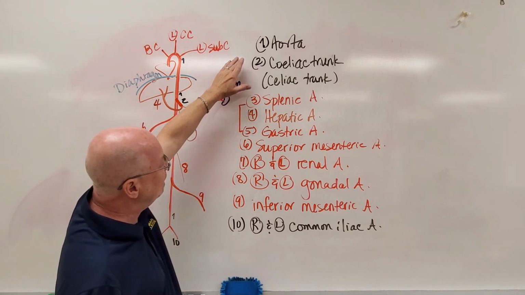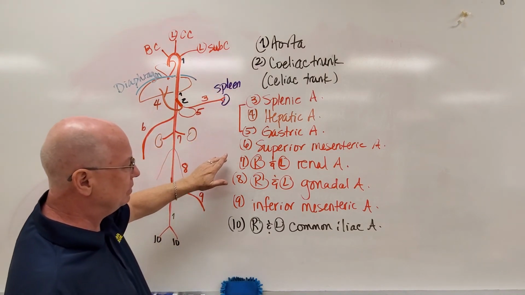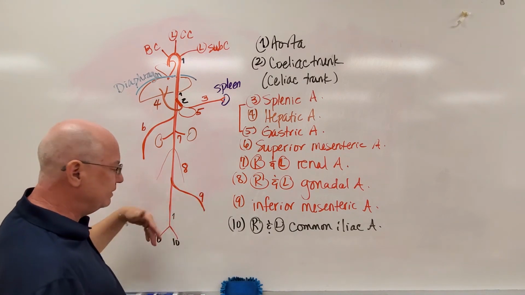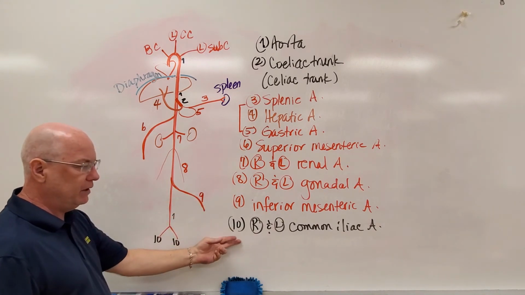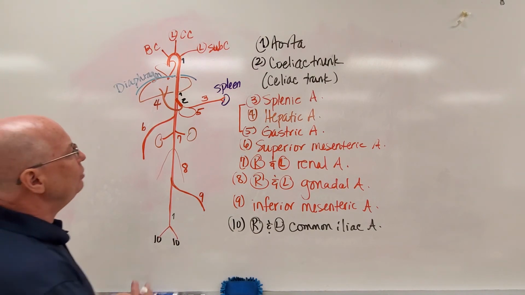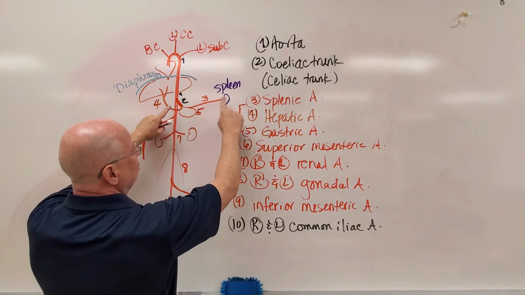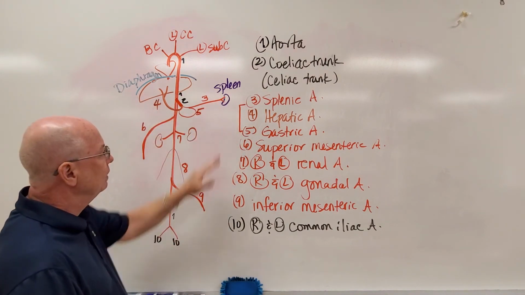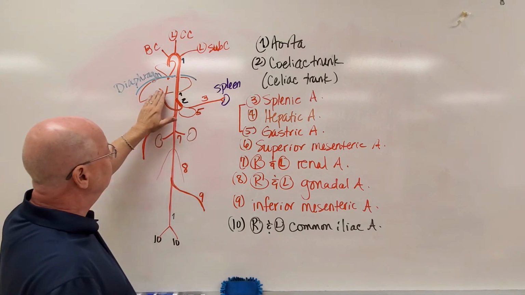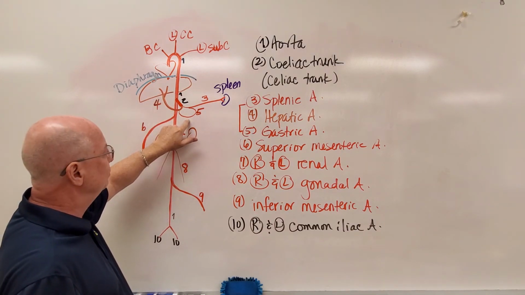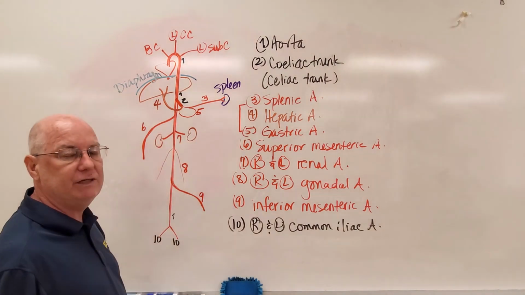If you could just learn that: celiac trunk, superior mesenteric, right and left renals, right and left gonadals, inferior mesenteric, and then the aorta ends, where the right and left common iliac starts. Once you learn that, then you can go back to your celiac trunk and you can go splenic, hepatic, and gastric. Splenic to the spleen, hepatic to the liver, gastric loop connects the two. Okay, to me that's an easier way to learn it.